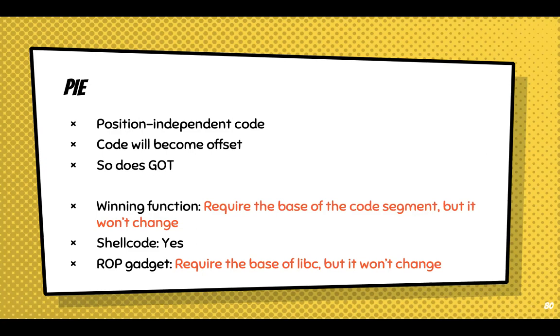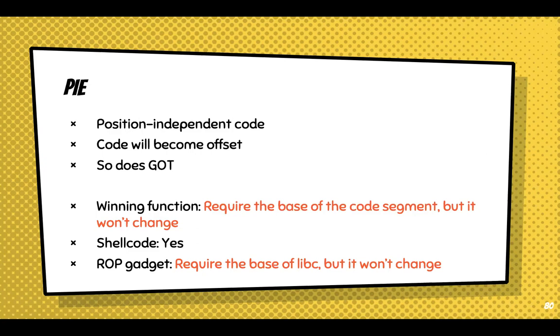Also, because of the nature of the global offset table, if you remember the PLT section in the binary, the way that I find the global offset table is to use the offset from the current RIP, which is the current instruction pointer. When RIP is position independent, that means RIP will equal the current base plus the offset.